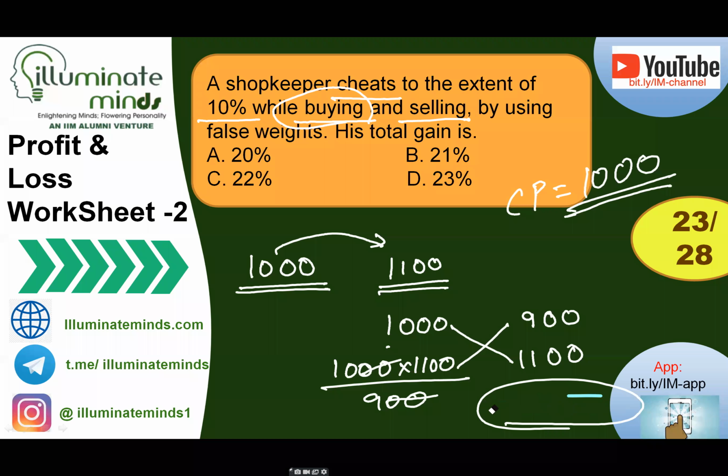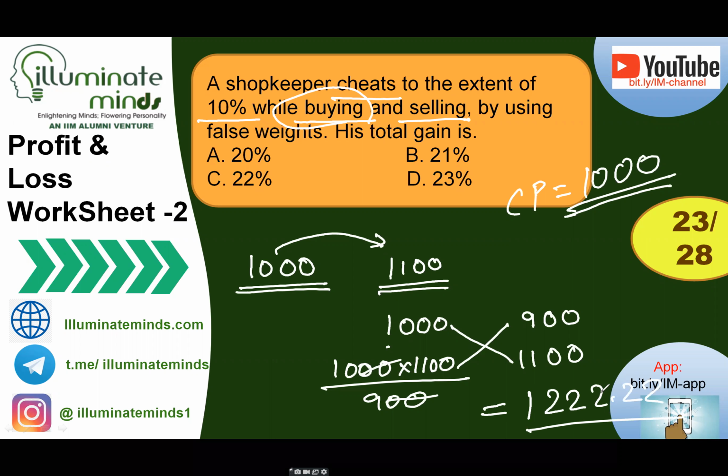So let me do it in a fair way. How much will this be, guys? 1 by 9 is 11.11, and 2 by 9 is 22.22. So this is 1,222.22.